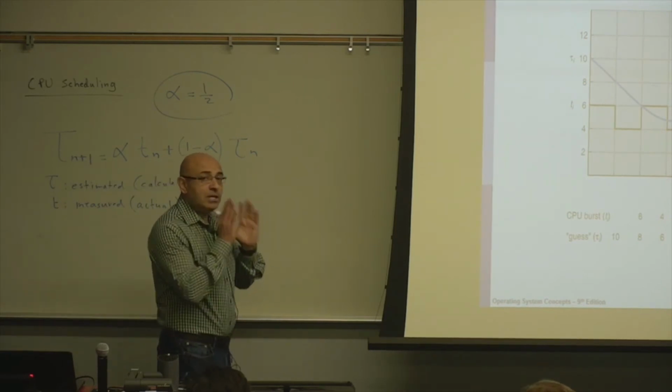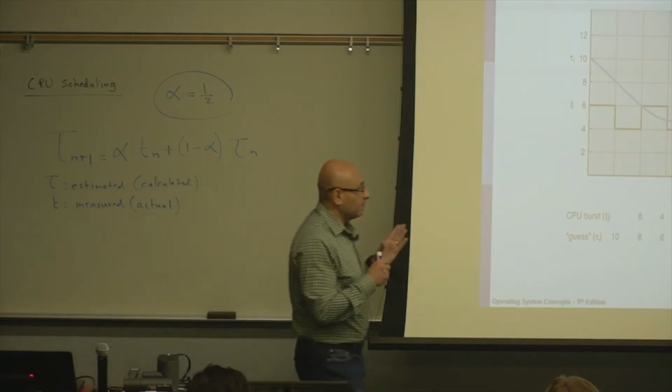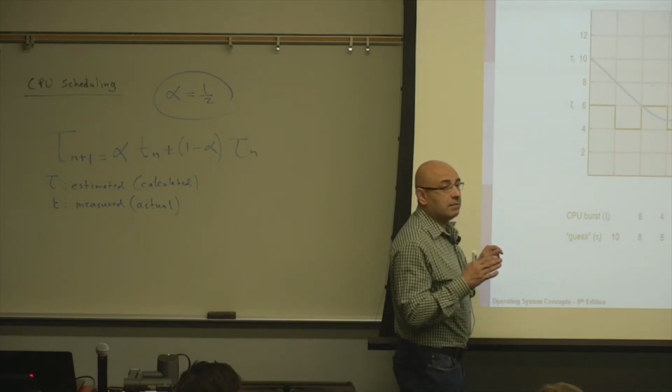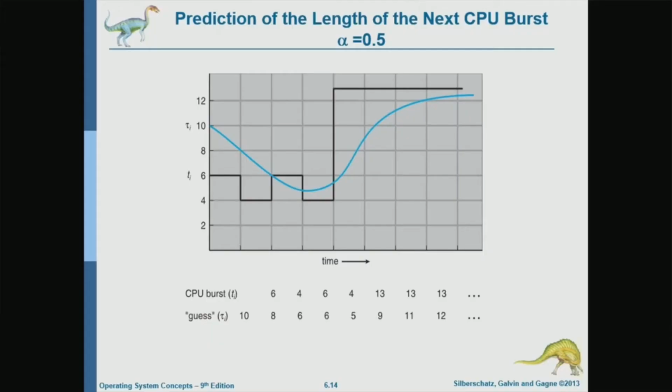Initially, before the process starts executing, the system has no idea about the length of the CPU burst. The system has no history, no record of that process. So it must make a guess. You can think of it as a random guess. It will say the length is going to be 10 time units.